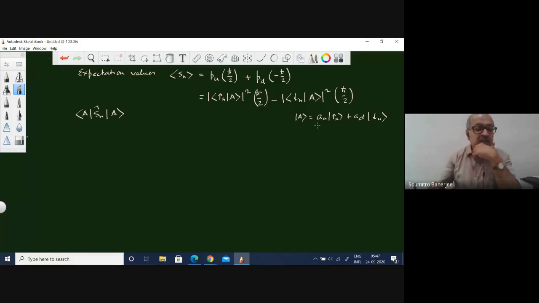Okay, that was A. So our A bra will be AU star, sorry, it will be AU star bra up n plus AD star bra down n. So this side is done, that side is done, and Sn will be sandwiched in between.